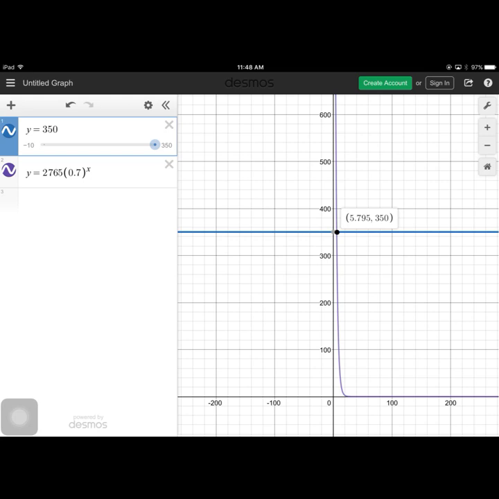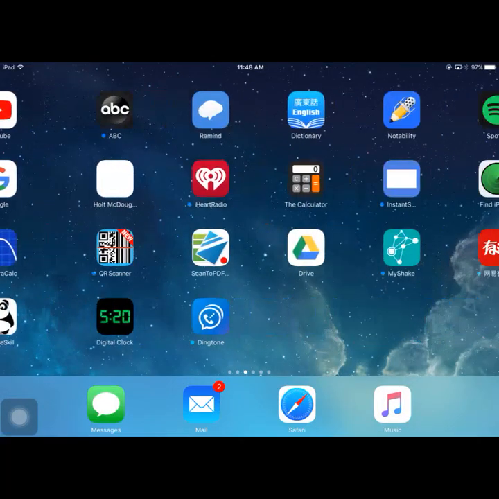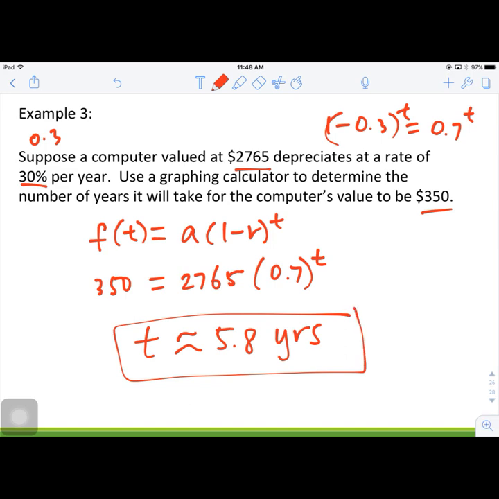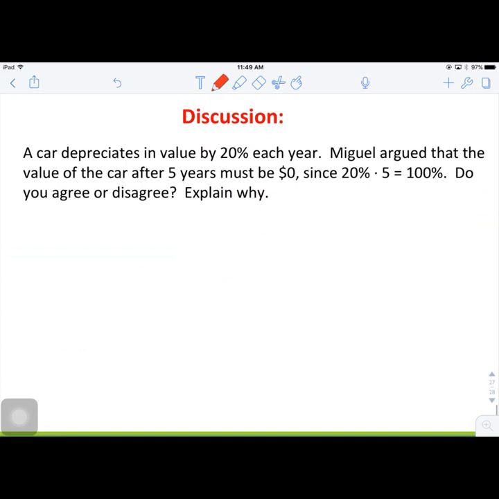So we can see that that is where the two equations meet. So we know that the answer is about 5.8 years. So let's go back to our lesson here. And so we know that t, according to the graphing calculator, is about 5.8 years for the value to be at $350.